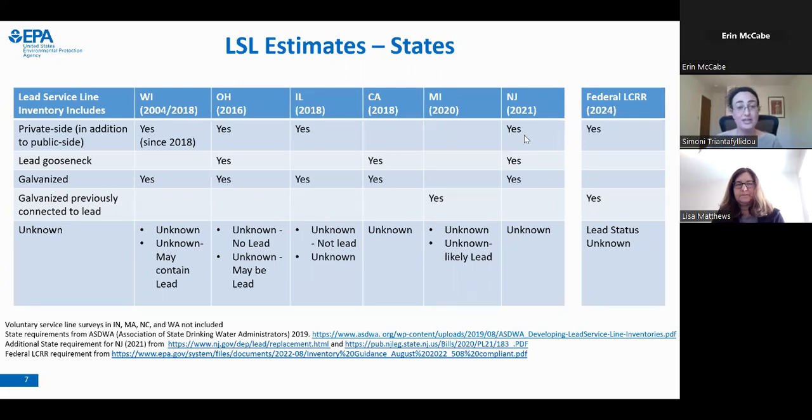For example, if you look at the state of California, it didn't include a requirement to capture the private side of a service line, unlike other states, but it did include a requirement to capture lead goosenecks, which might not be the case in other states. Even the way that unknowns were meant to be reported differed between the different states.